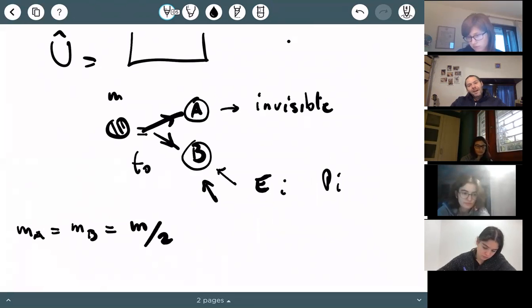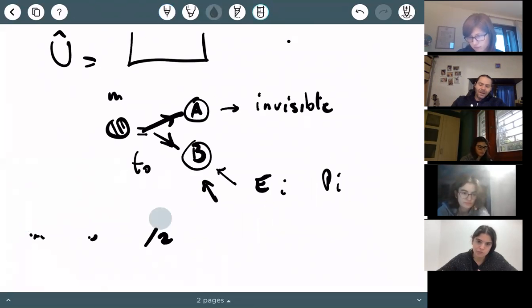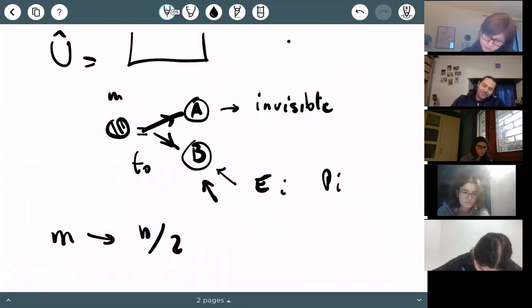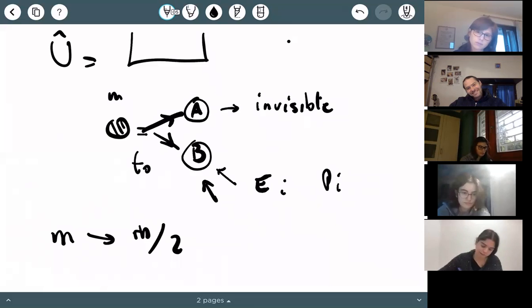So same problem, but rather than changing the potential, I am basically changing the mass of my particle from M to M half. So the problem can be formulated like this. At time 0, the mass of the detectable particle is reduced by 2. Find the probability.